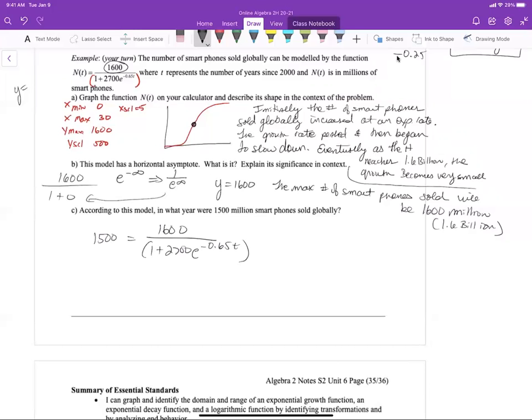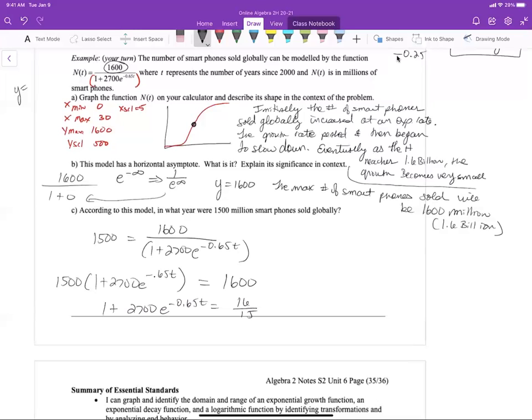I multiply by the common denominator on both sides, so I multiply both sides times 1 plus 2,700 times e to the minus 0.65t, and that fraction cancels on the right-hand side. I then need to divide both sides by 1,500, and I will get 1 plus 2,700 times e to the minus 0.65t is equal to 16 divided by 15.